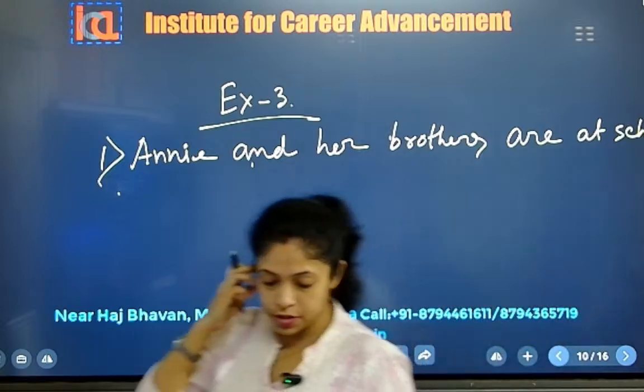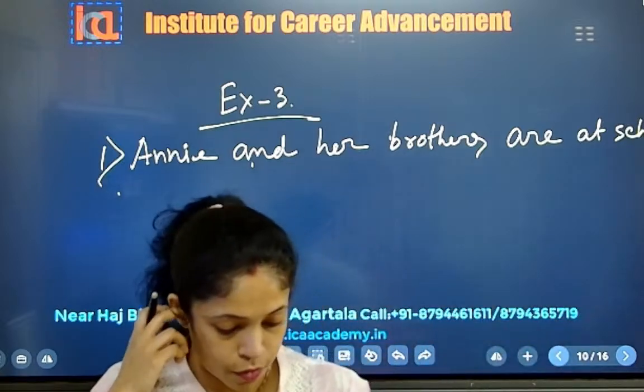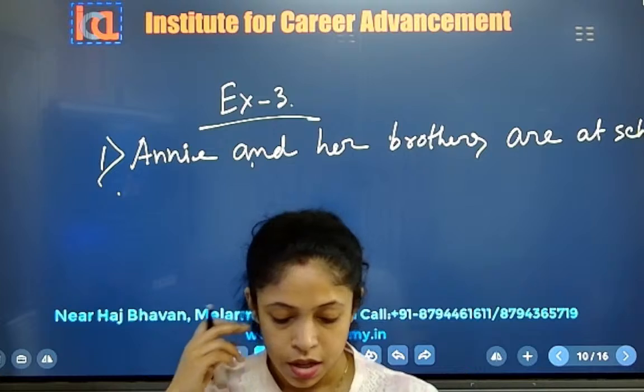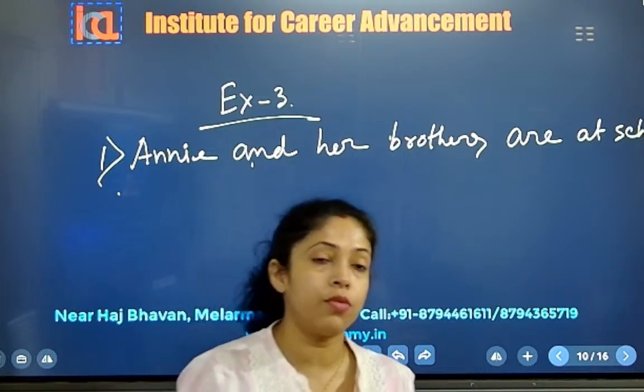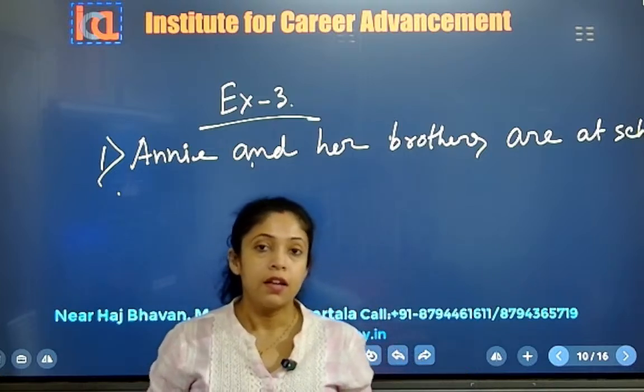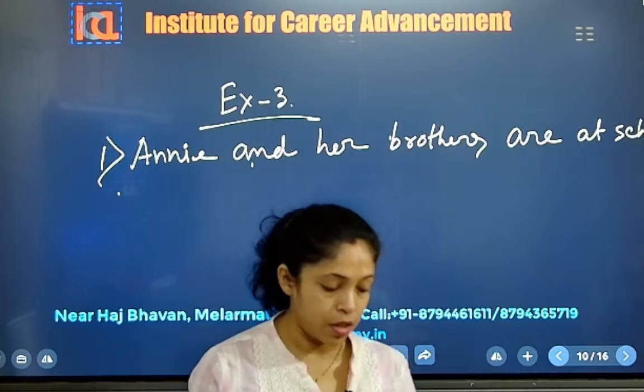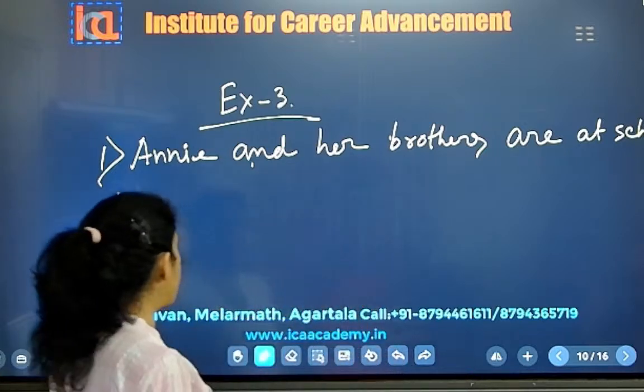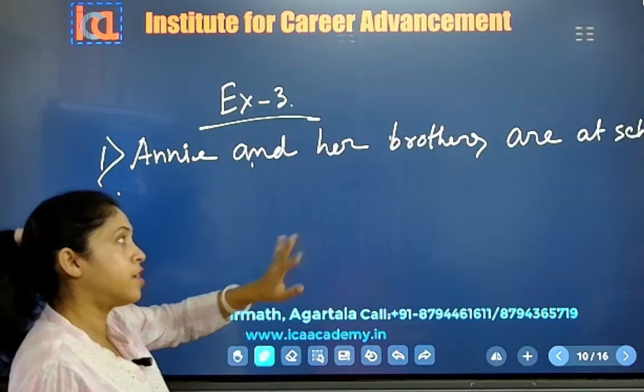First of all, read the question. Choose the correct form of the verb in bold that agrees with the subject. So we have to find out the verb which agrees with the subject. First one: Annie and her brothers are at school.